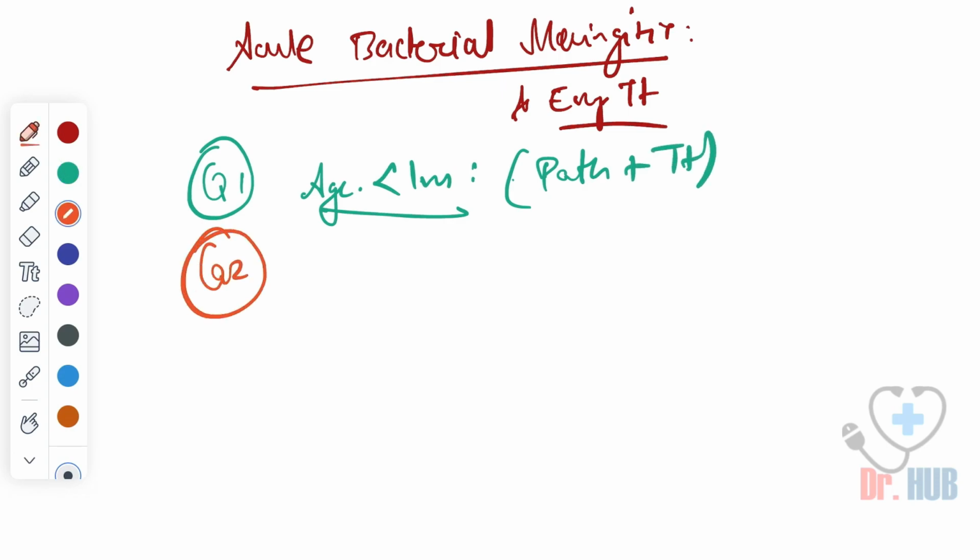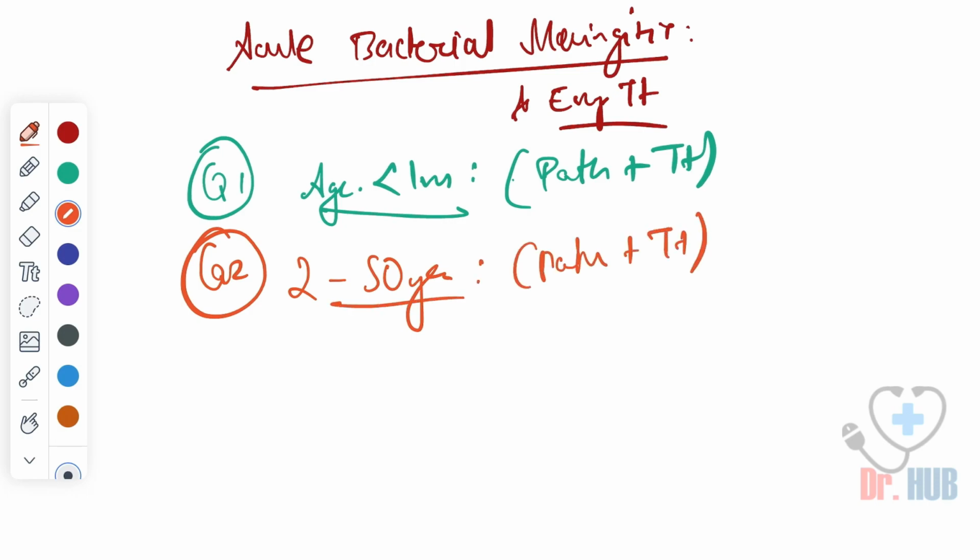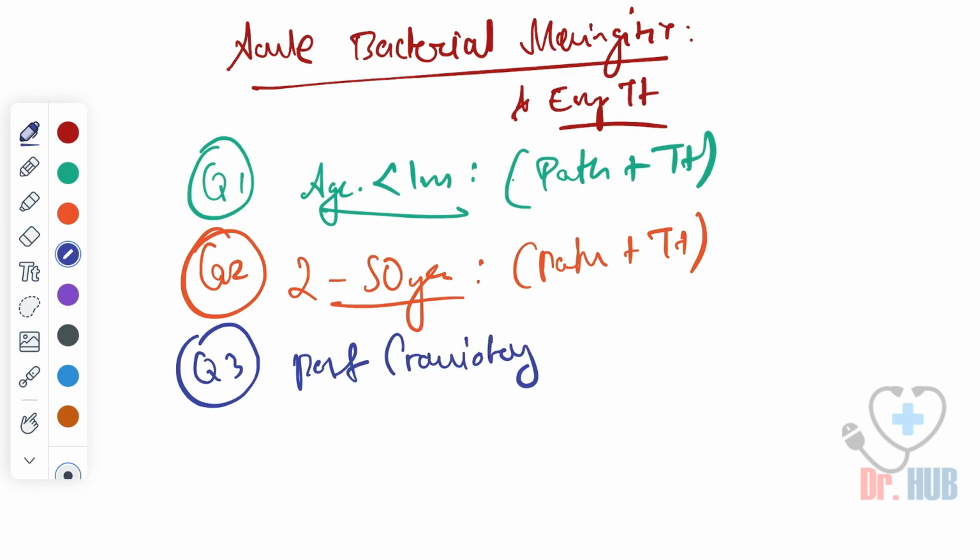Next we'll do question 2. In question 2, we want to see, in case of people from 2 years to 50 years, what are the pathogens and the treatment. The third question is in case of post craniotomy, or in case of head trauma, or from CSF rhinorrhea.